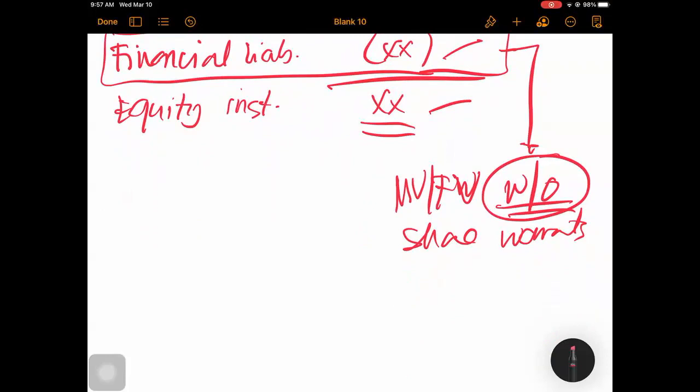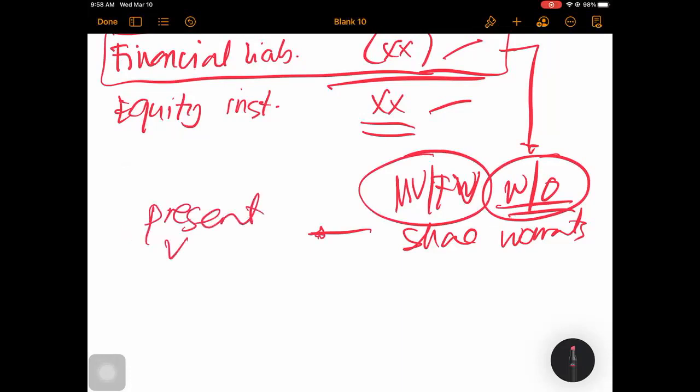But how about if dili siya given directly? Wala gihatag directly ang fair value or market value sa bonds without the share warrants. So that's the time we need to compute again the present value of your bonds.